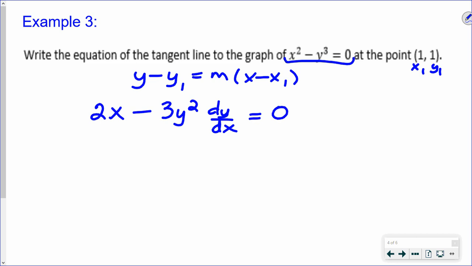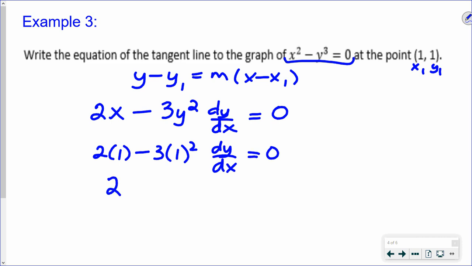Derivative of 0 is still 0. And then all we're going to do is plug in 1 for x and 1 for y. You could solve this for dy over dx and then plug in, but personally I find just plugging in those numbers for x and y will simplify things. So I usually like to go ahead and just plug in.